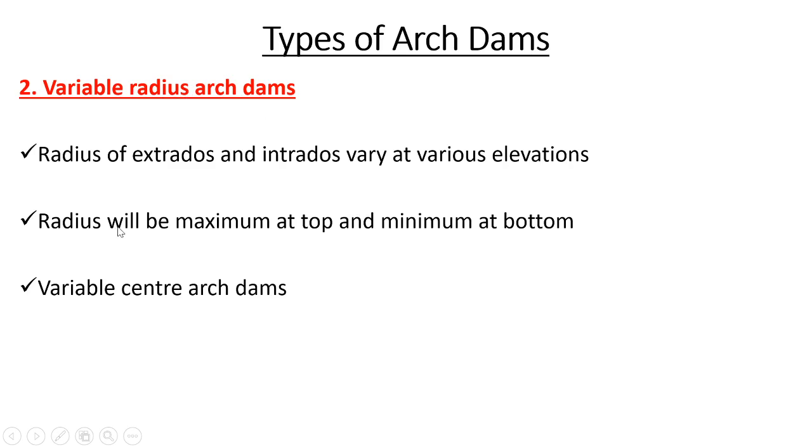And the radius will be maximum at the top and minimum at the bottom of the arch dam. Since the centers of this variable radius arch dam are varying, it is also called a variable center arch dam.